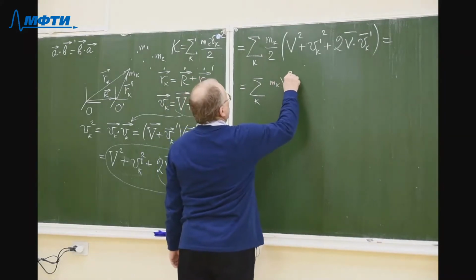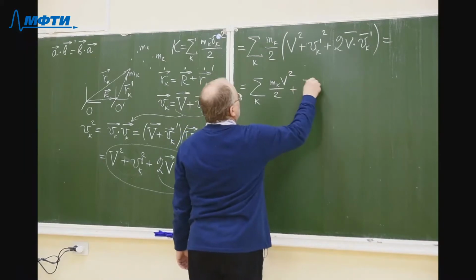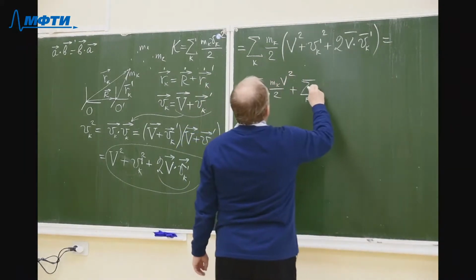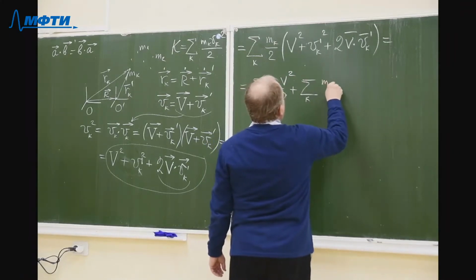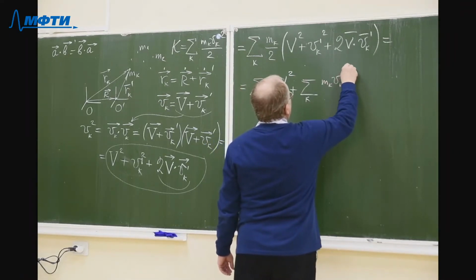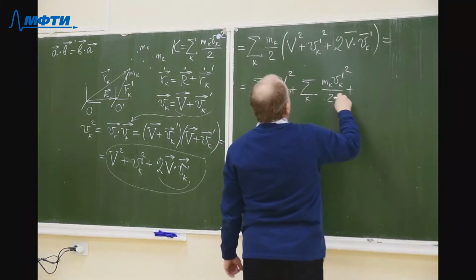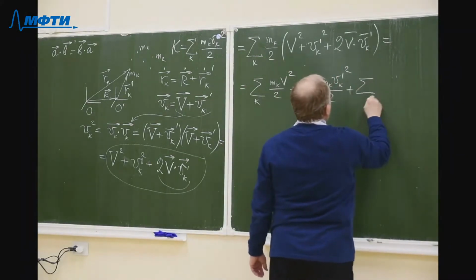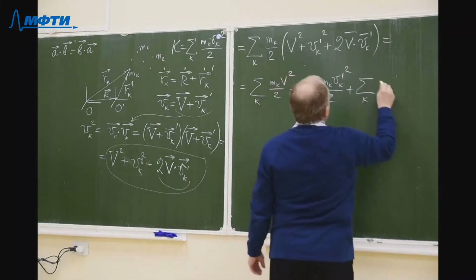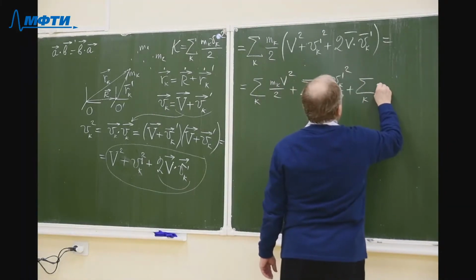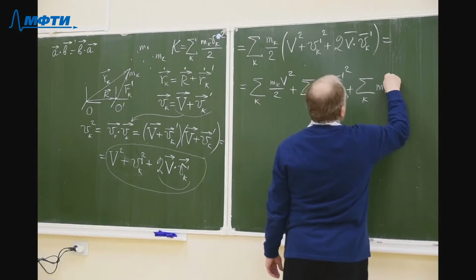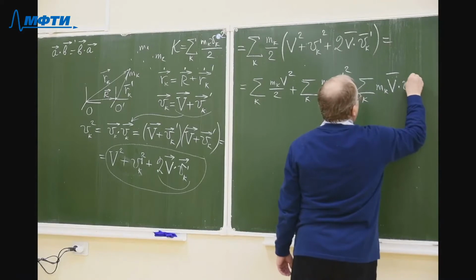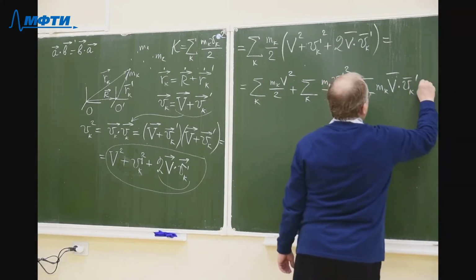Mk capital V squared over 2 plus the sum over all points Mk Vk prime squared over 2 plus, 2 and 2 will cancel here, the sum over all k Mk capital V scalar product by Vk prime.